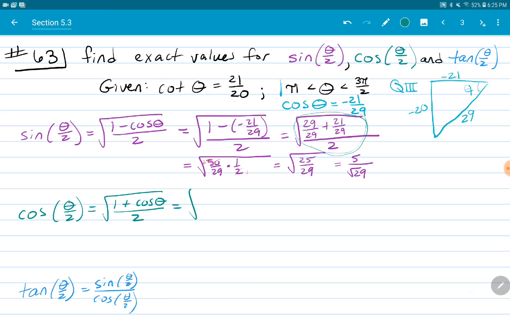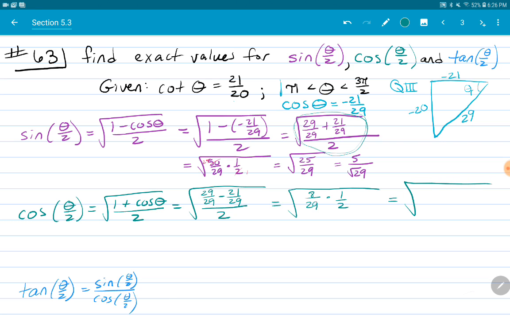So I get the radical 29 over 29 minus 21 over 29, all over 2, equals the radical 8 over 29, again divided by 2 is the same as times 1/2.